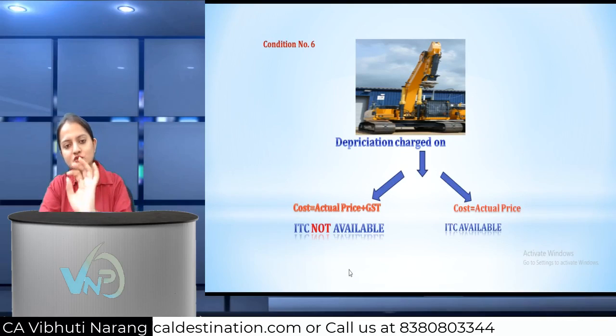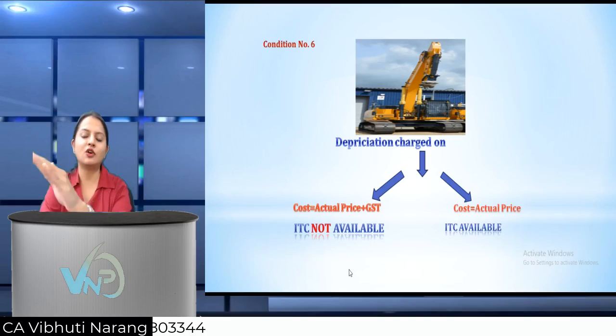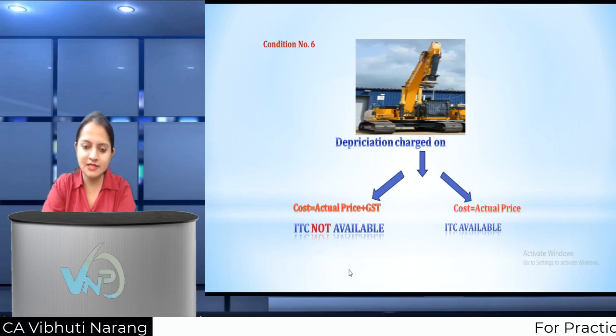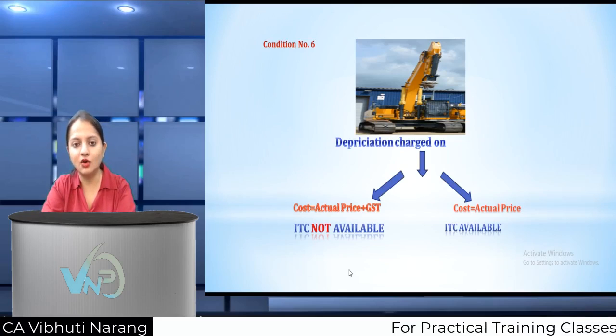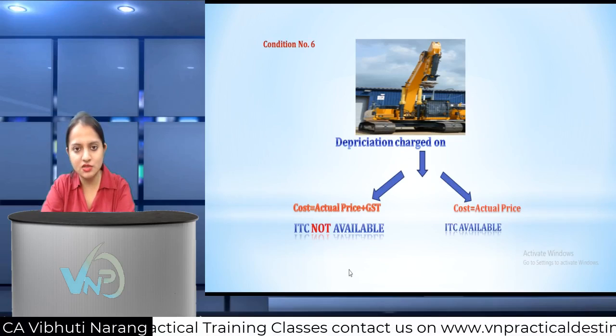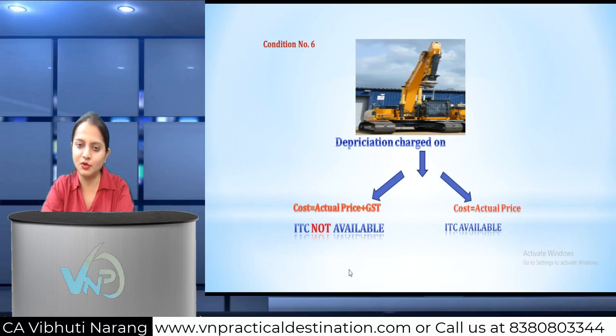But if the actual price of the capital good is the cost price of your capital good, then you can avail the ITC. So you need to charge the depreciation only on the cost price so that you can avail input tax credit under GST.